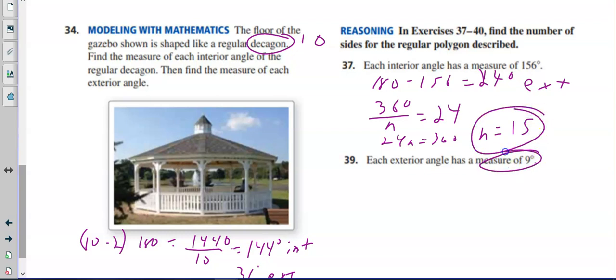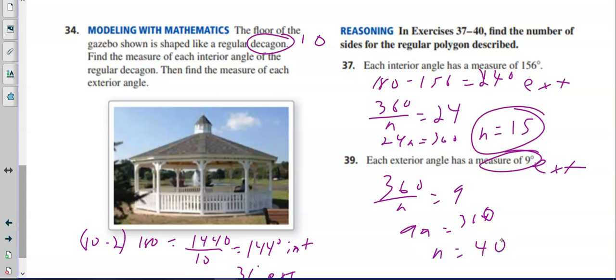Okay, here we already know the exterior, so we do the same thing. 360 divided by n equals 9. 9n equals 360. So n is 40. Now you may have seen a shortcut that you really can just divide 360 by the exterior and it will get you there. It's the same answer.